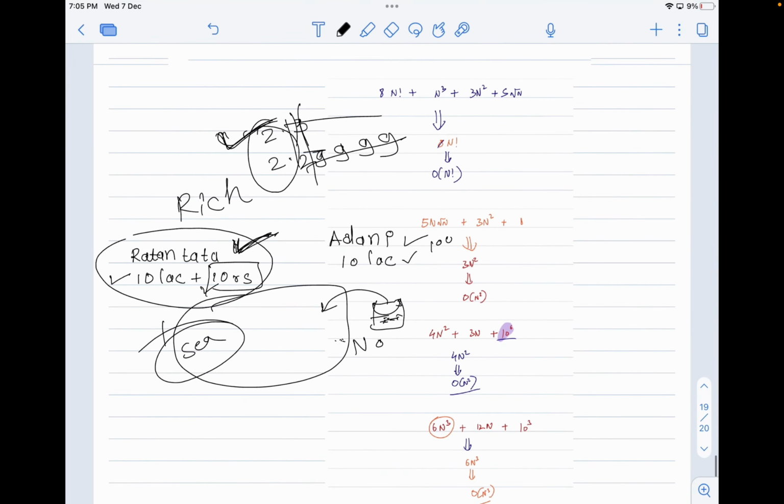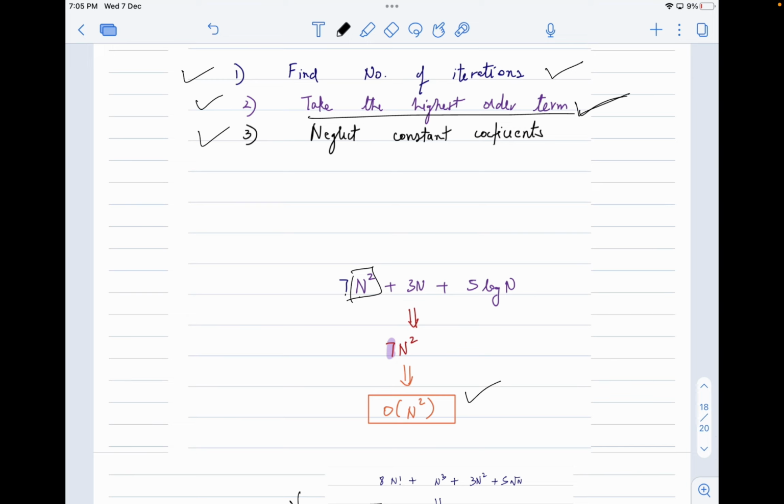So the constant coefficient we need to neglect. For example, 7 plus 3 plus 2 into n. In this case this is order of 1, this is order of 1, so this is constant. Whatever n will be there, only 2 is going to be multiplied with whatever the input size is, so 2 can be negligible.